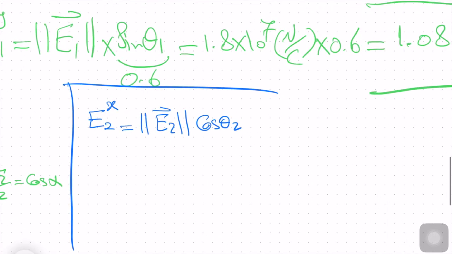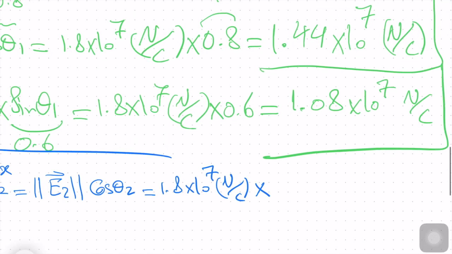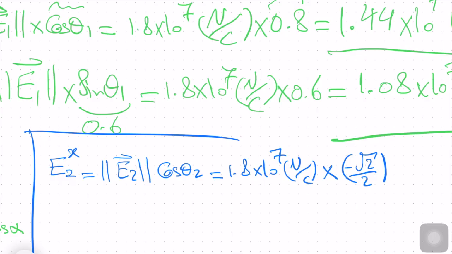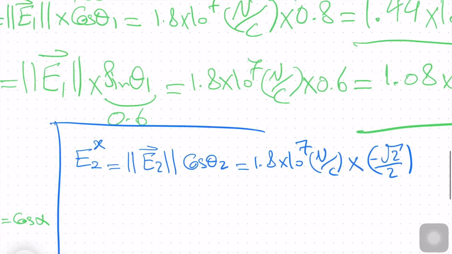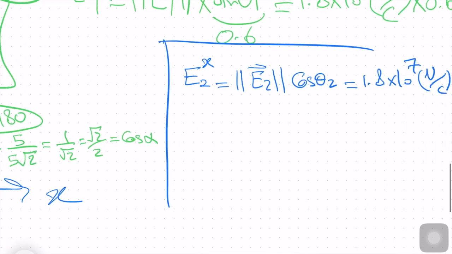So what I'm going to do is look up the magnitude, which is the same as 1.8, multiplied by cosine theta 2, which is minus root 2 over 2. And that's the minus sign I was talking about. So it really depends. Do you want to put the minus sign there, or do you want to start by putting the minus sign behind it and instead look at alpha instead of theta 2?